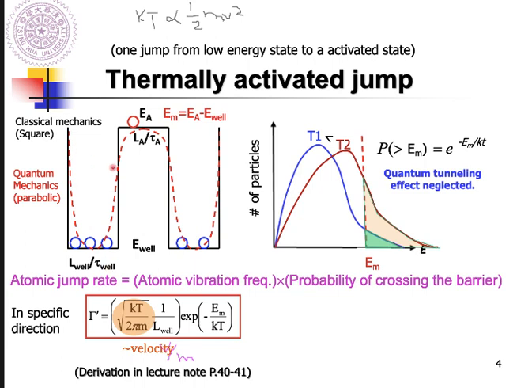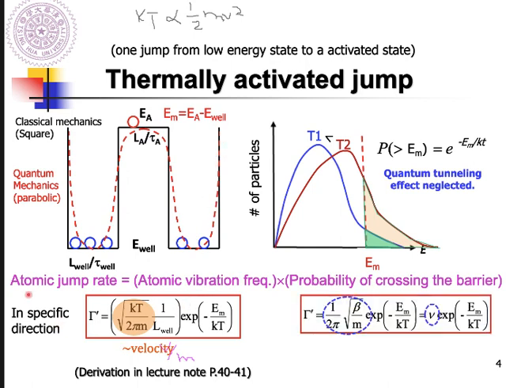It's parabolic-like. So in order to get the accurate atomic jump rate, we need to modify the atomic vibration frequency, and the probability term is the same.